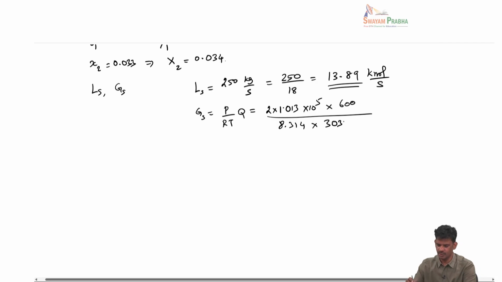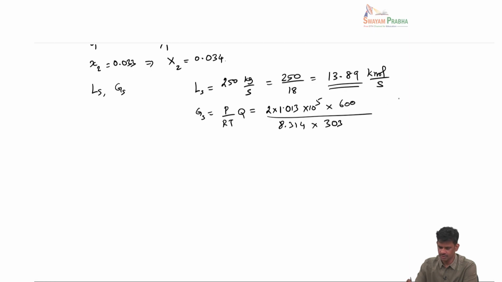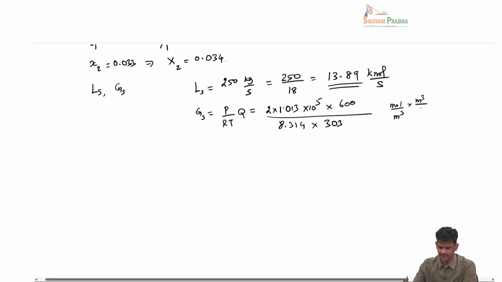Okay, so the units of this expression would be moles per meter cube times meter cube per second. So basically moles per second. If you solve this, you will get GS as something like 48.2 kilomole per second.